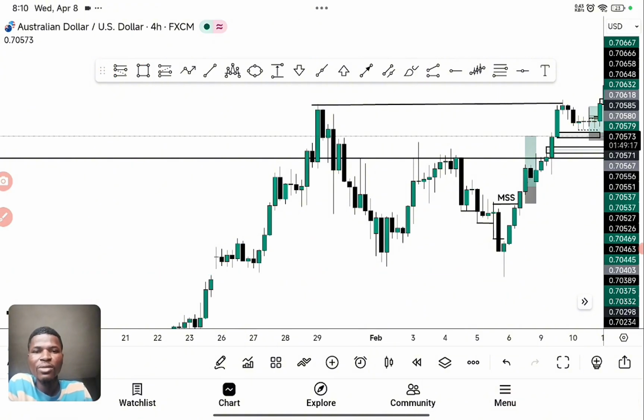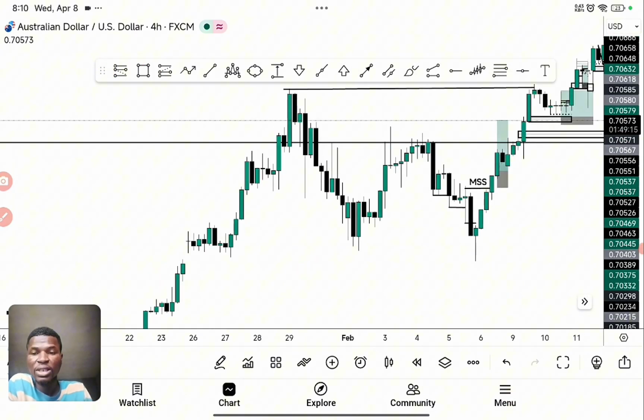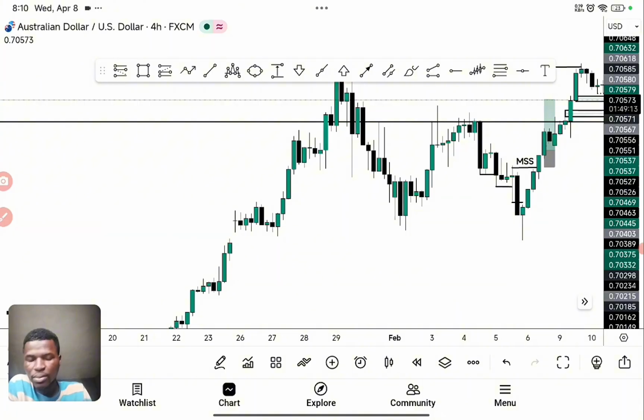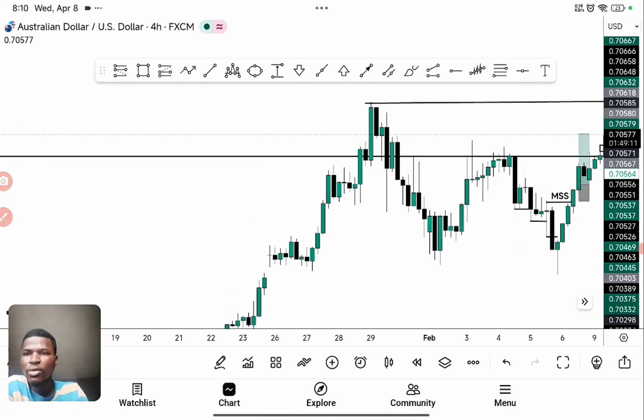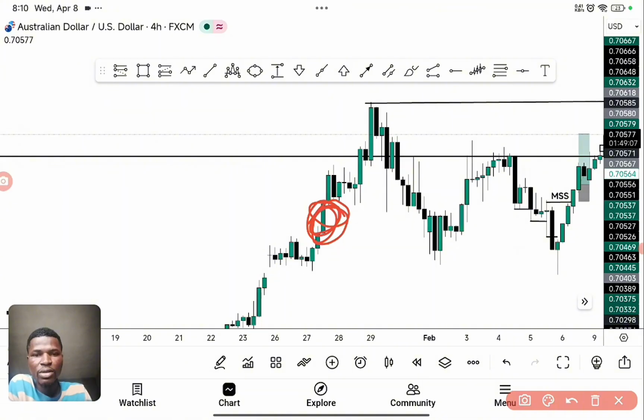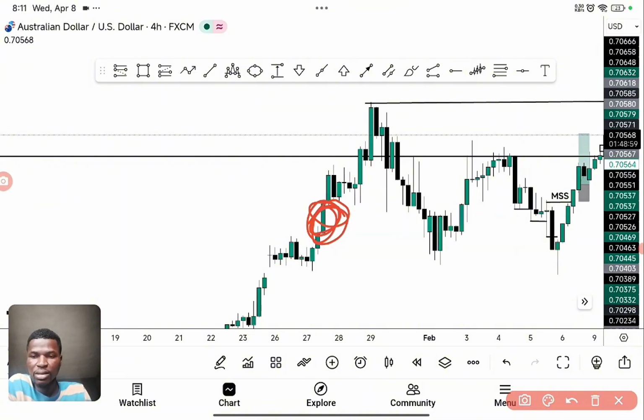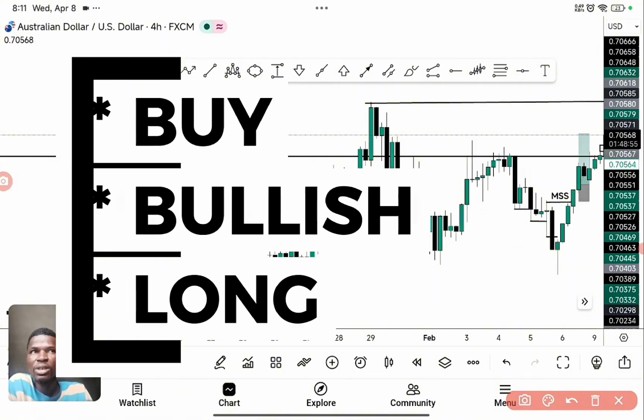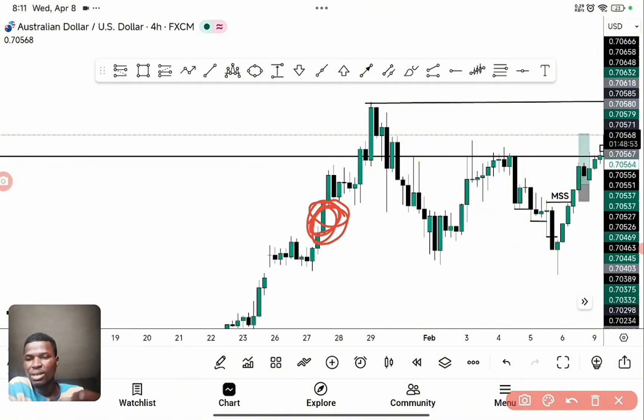Let me give you a fast way to read each candle. When you see a full green candle, it represents the bullish side. It represents the buyers. It represents the market is longing. Those three words, buying, bullish and long, mean the same thing.